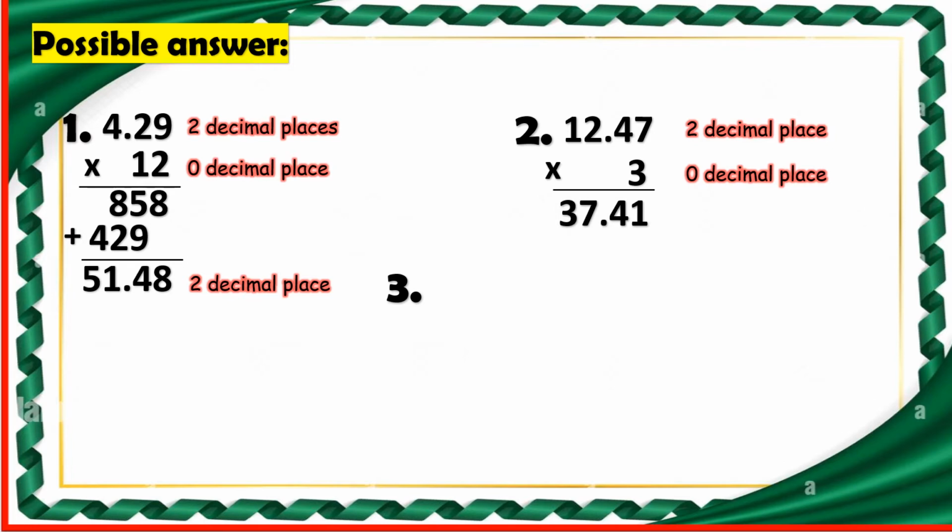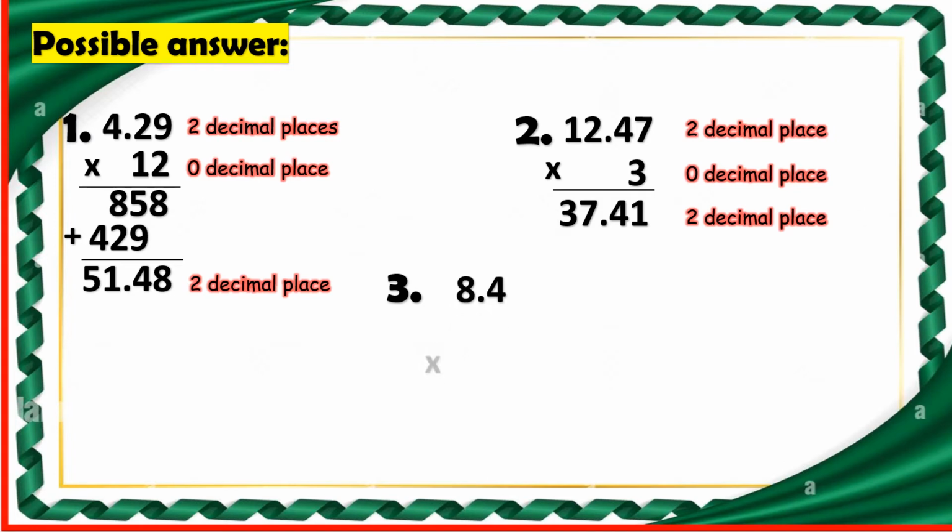So the answer is 3,741. But we put the decimal point because it has 2 decimal places. So the answer now is 37.41.